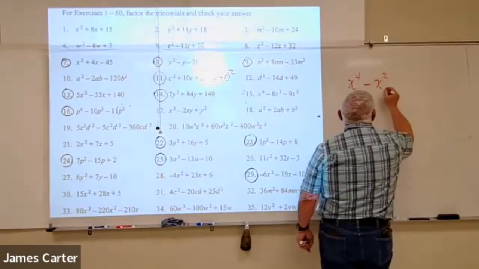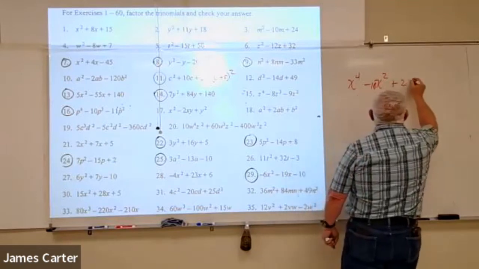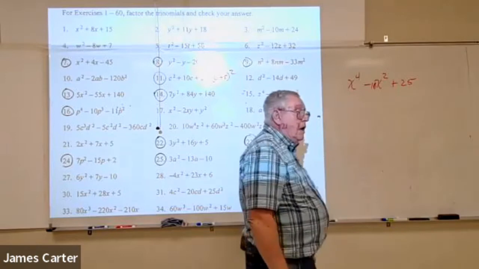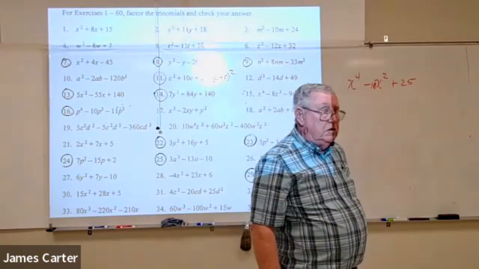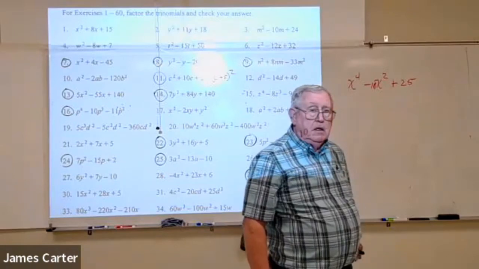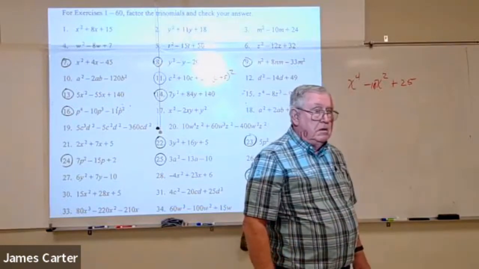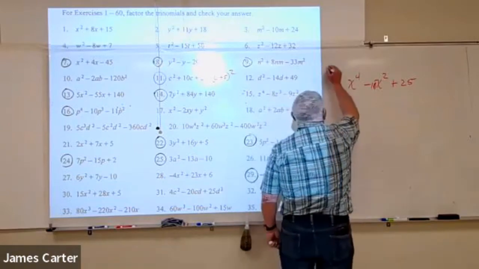Or 10x squared, I'm sorry. Plus 25. Okay, I'm getting ahead of where I'm wanting to be in the lesson right now, but I'll go ahead and do that. This is a number out of the homework. 67B.